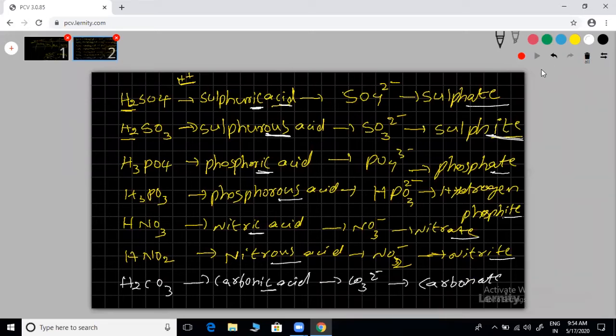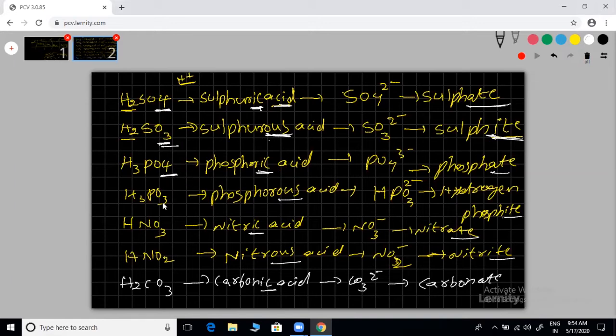Ous acid will give ITE, and ic acid will give ATE. Don't get confused. Ic acid means more number of oxygens. Ous acid means fewer oxygens. If you remember ic acid and ous acid, then automatically ATE and ITE you can also remember.